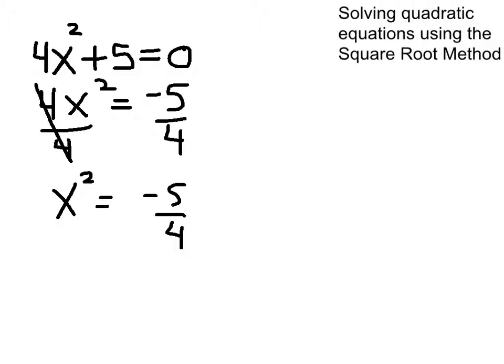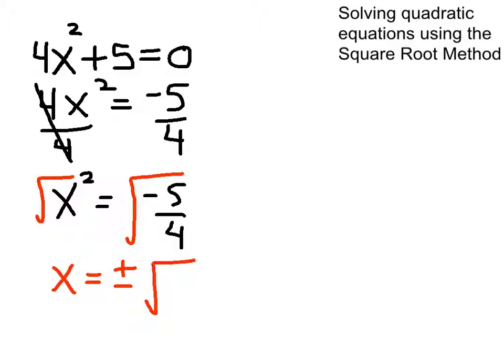Okay, so now the only way of getting rid of that x squared is to do the square root. Doing the square root is almost like the opposite operation of a square. So I'm going to square root both sides in this problem. So I have x equal to plus minus square root of negative 5/4.